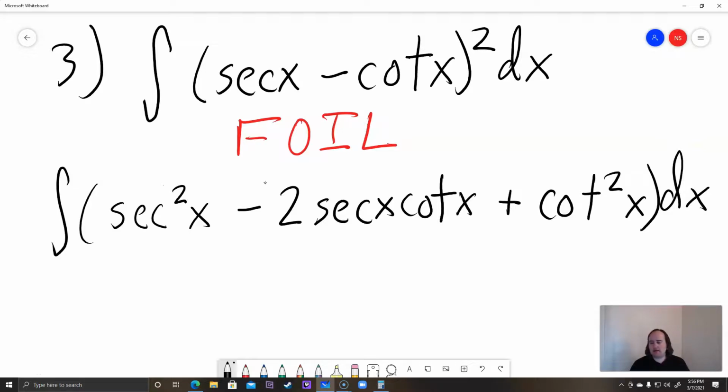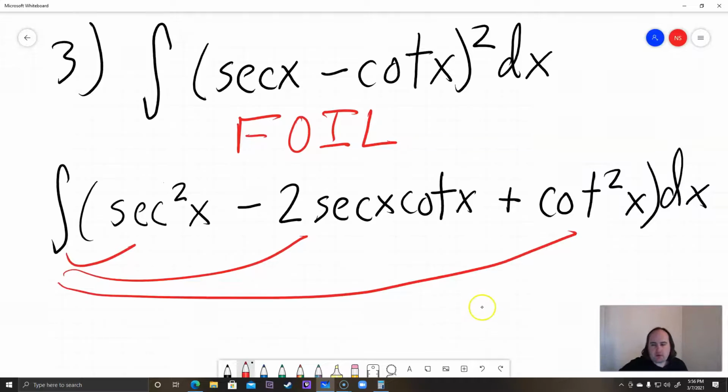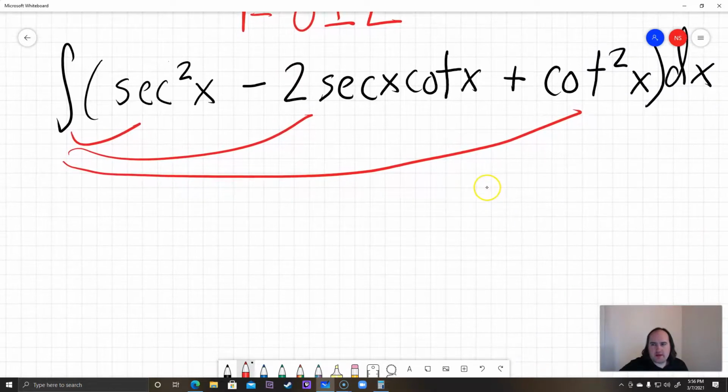And expanding it using FOIL lets us split it up into 3 separate integrals, which should hopefully make it easier to work with. Okay, so now what we can do is we can break this up into 3 integrals. So we can distribute the integral symbol to each individual term. Okay, and then work on these 3 integrals separately.